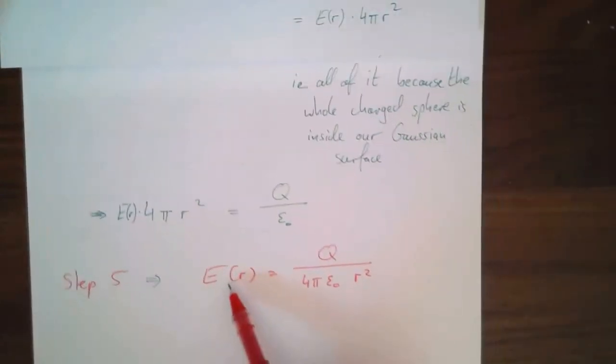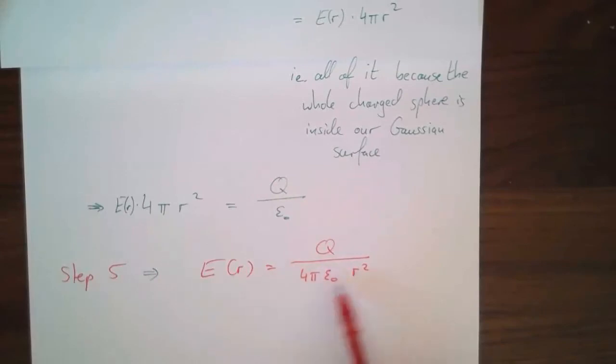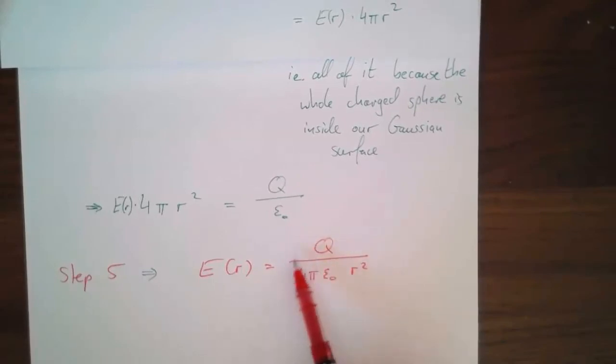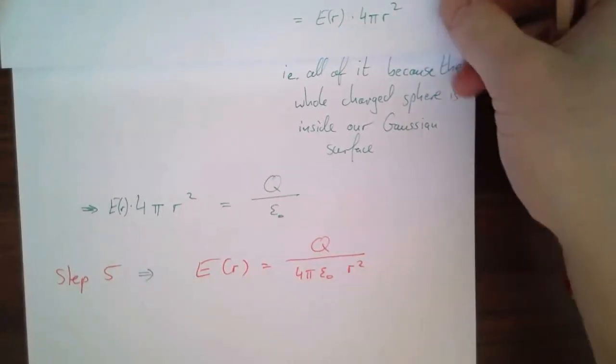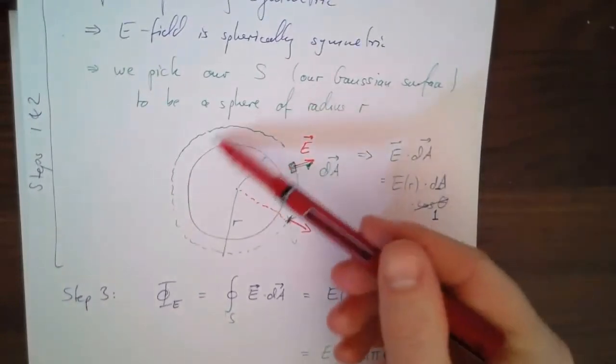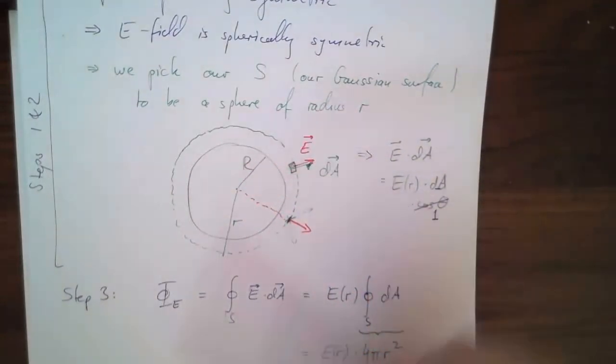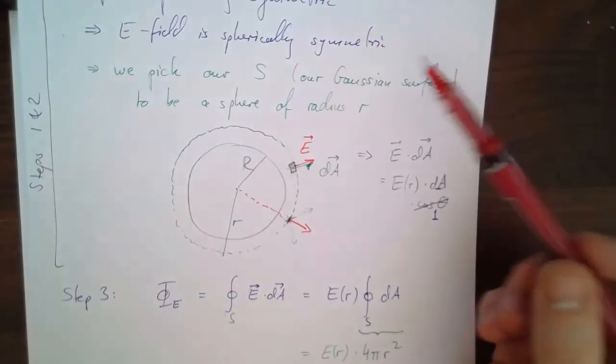So what we've proved here, if you like, is that Coulomb's law, Q over 4 pi epsilon naught r squared, where 1 over 4 pi epsilon naught is K, the electric constant, doesn't only hold for a point charge, but also for a spherical shell, as long as you're outside it and want to know the electric field outside it.